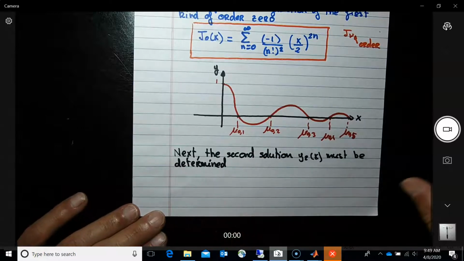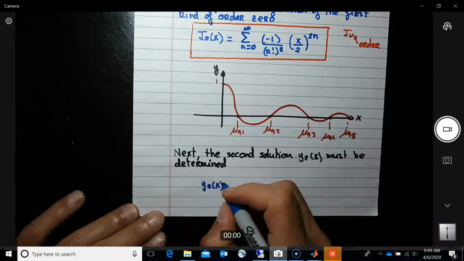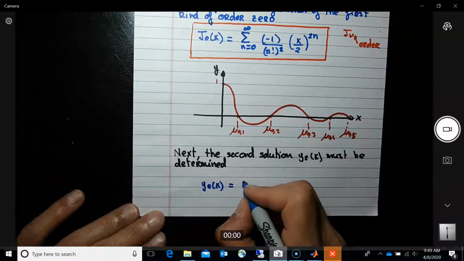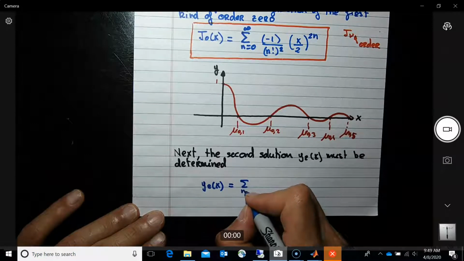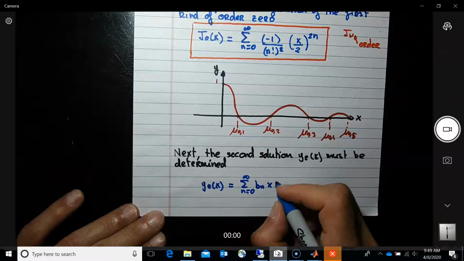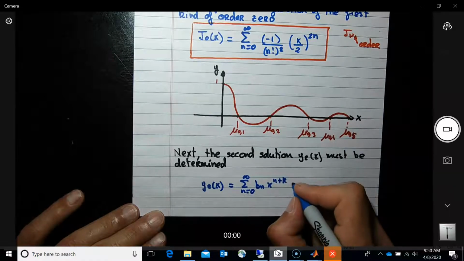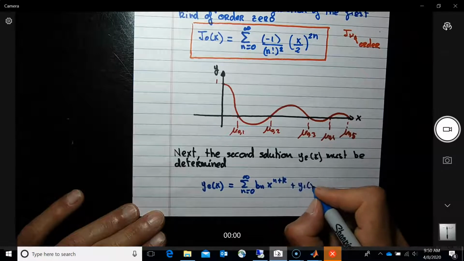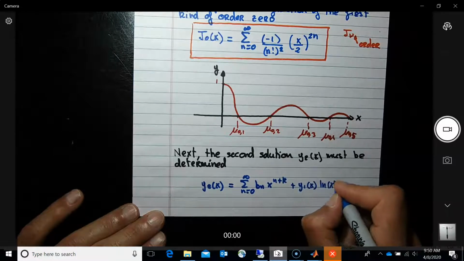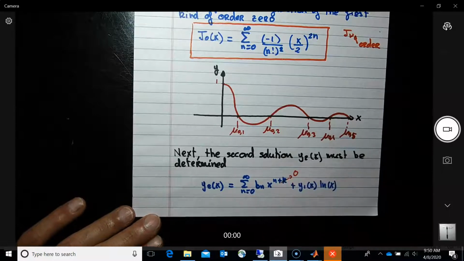Okay, so the general form of the second solution was what? y2 of x was equal to the summation n equal to 0 to infinity b sub n x to the n plus k, but k is equal to 0, plus y1 of x log of x, okay? And in this case, we know that k is equal to 0.